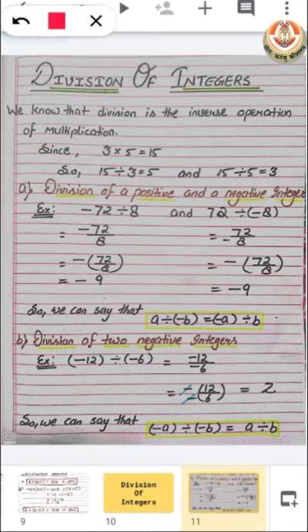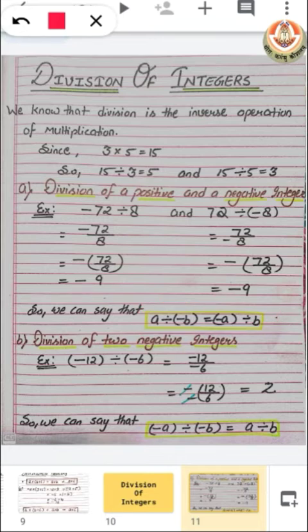That means we can say that when we divide one positive and one negative integer, we get a negative integer as a result, or positive divided by negative is exactly equal to negative divided by positive. This is the conclusion, that a divided by minus b is equal to minus a divided by b.